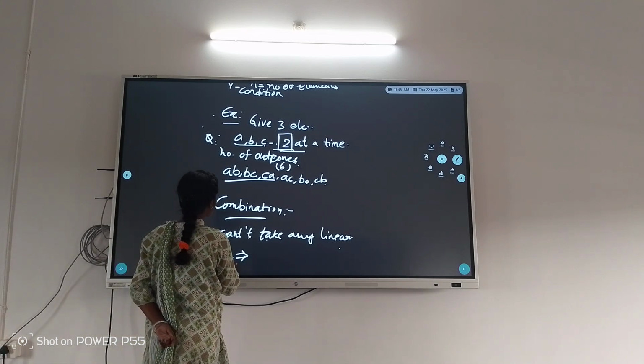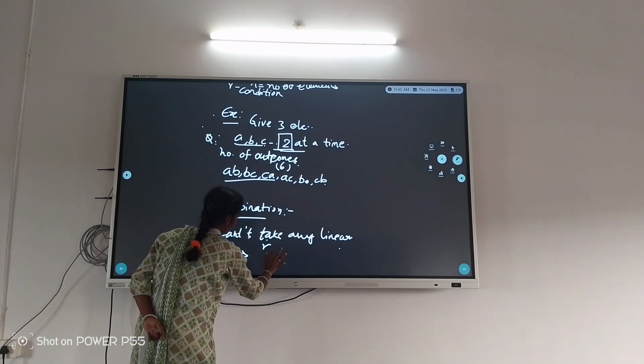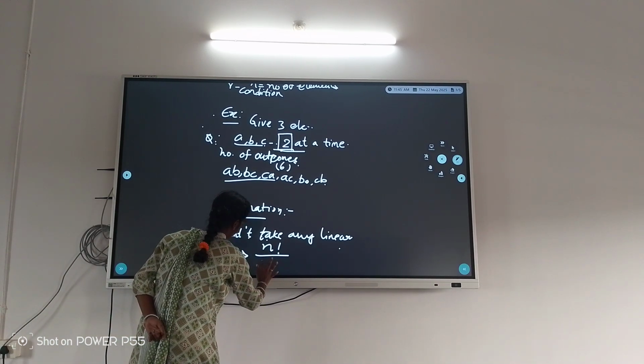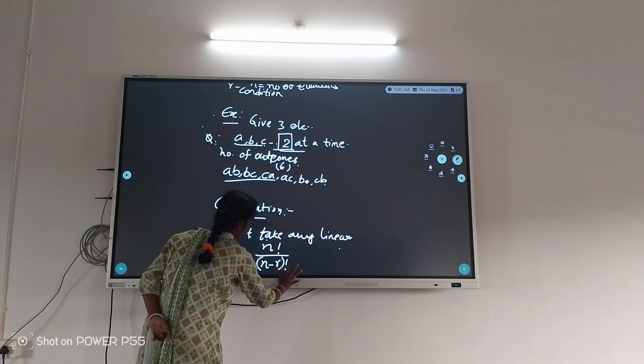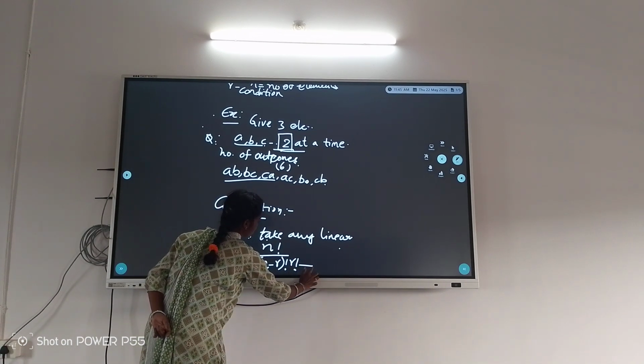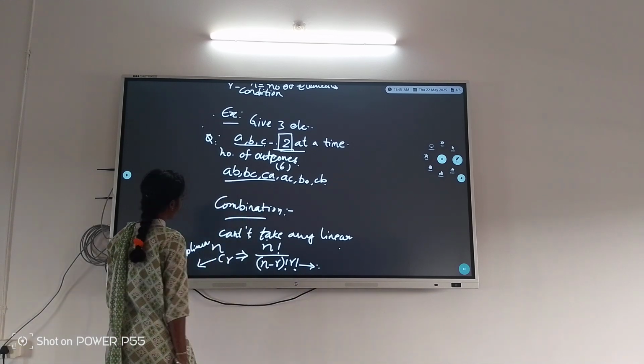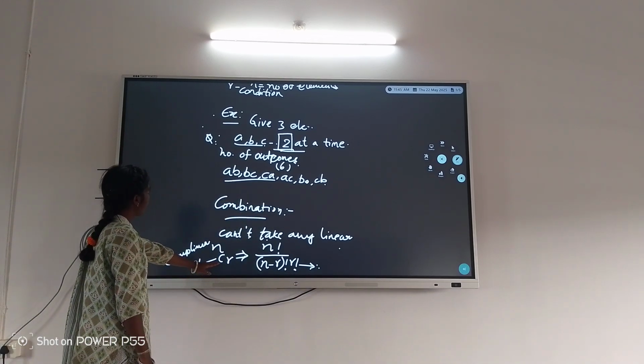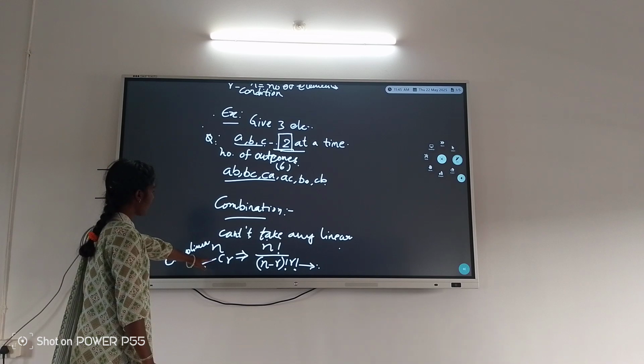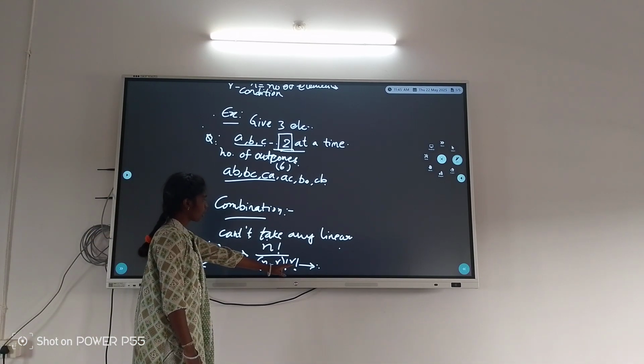It is not very different, but we take n factorial divided by (n minus r) factorial times r factorial, where we complement the other products. We can take (n minus r) factorial, r factorial.